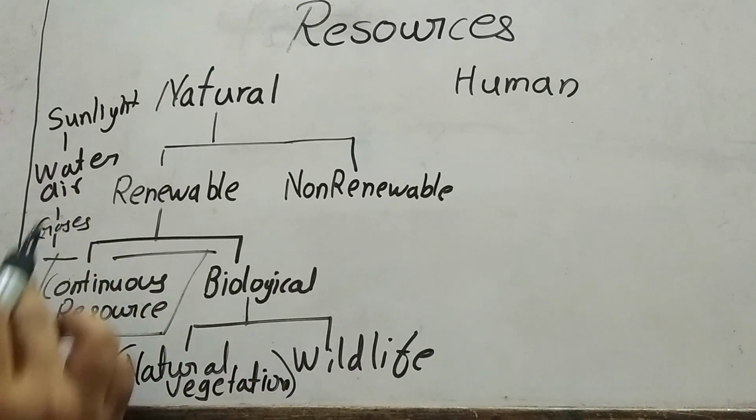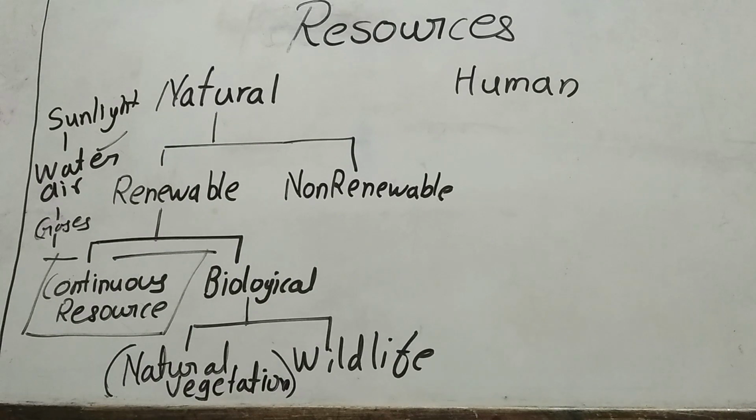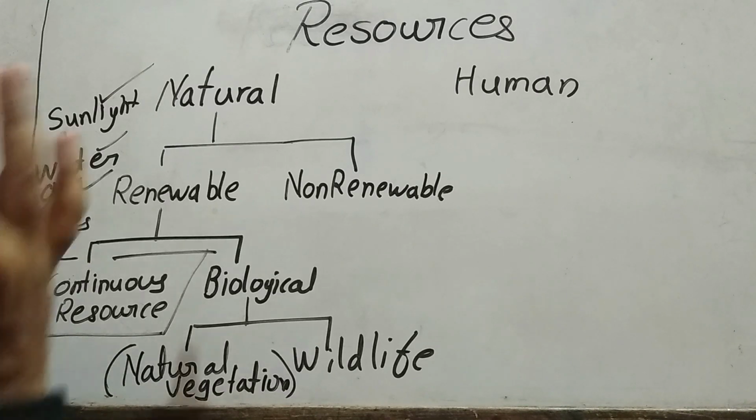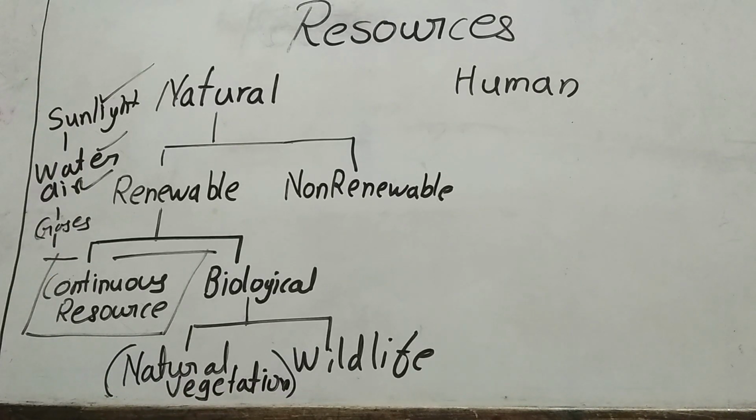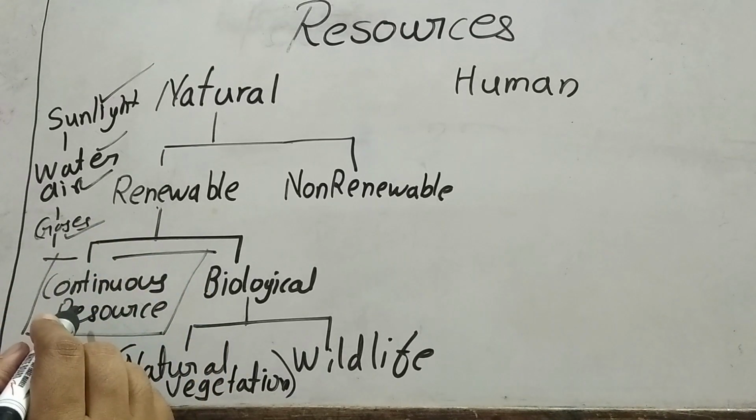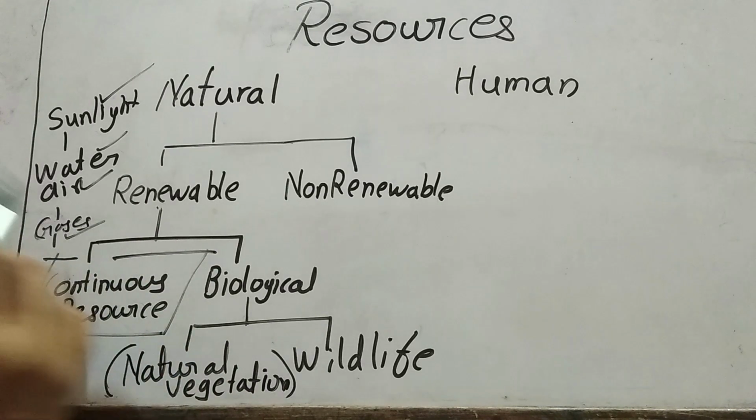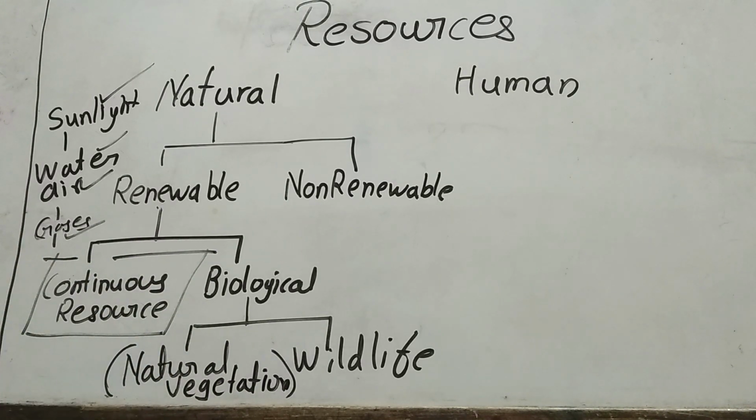We find there is a water cycle in our environment, there is an air cycle in our environment, sunlight is not a cycle, but the sun is continuously there, okay, and gases also follow the cyclic procedure to renew themselves. So that's why these are the renewable continuous resources, but those are non-natural, non-biological.